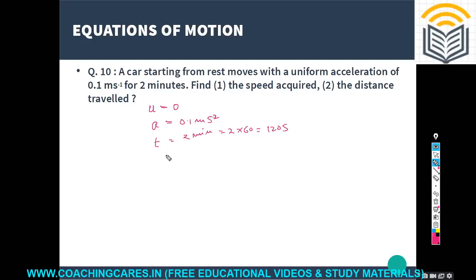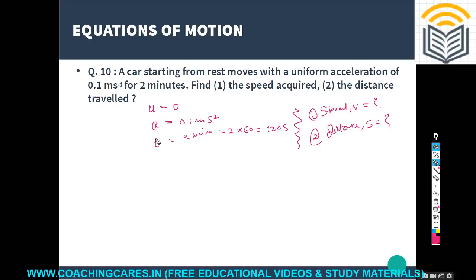So it is asking speed. We have to calculate the speed and distance, which is S, and the acquired speed is the final speed V. So we have to calculate both.